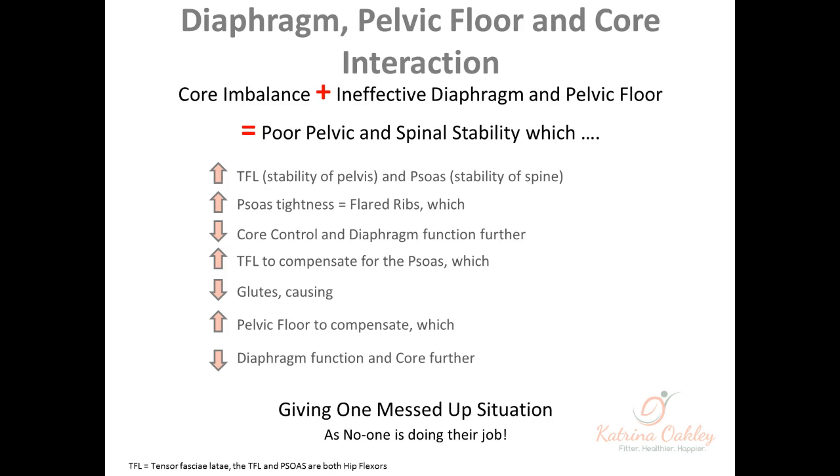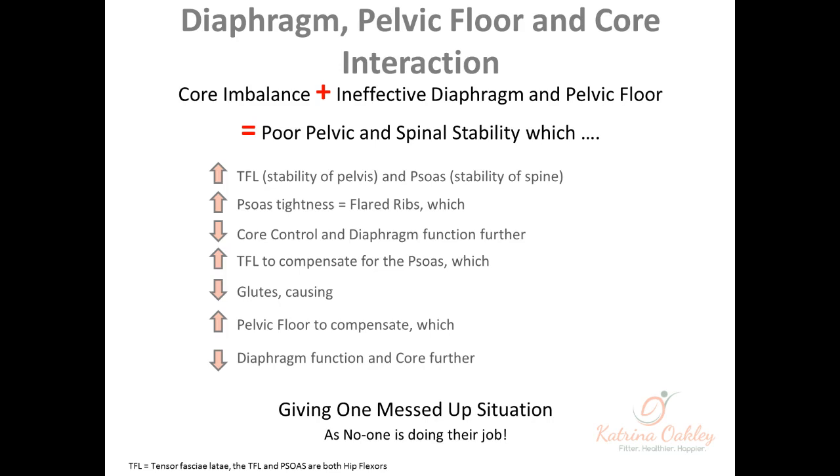Now, the more your glutes shut down, the more it increases the pelvic floor activation because you need great glutes to help support your pelvic floor. So when your pelvic floor gets tight, that means it rises. And think about that pressure system that we just went through.